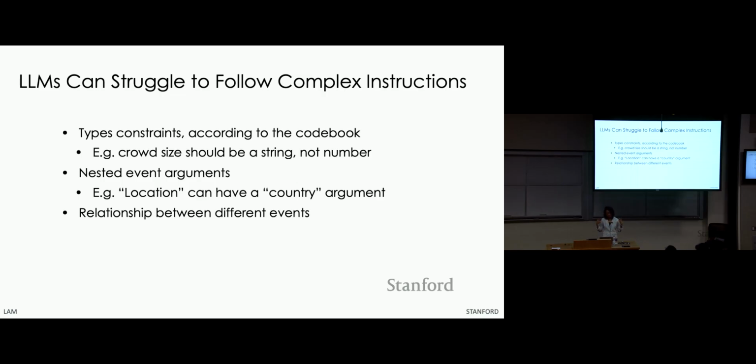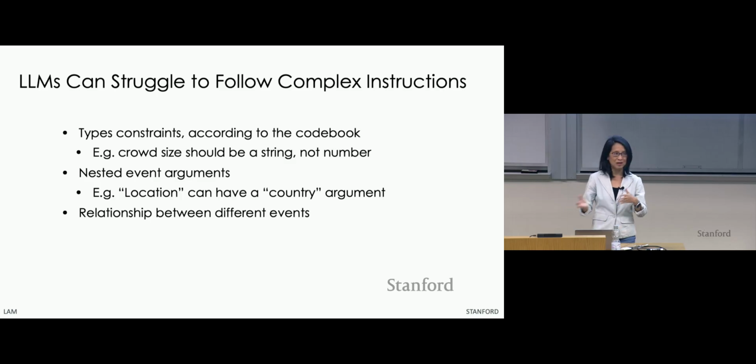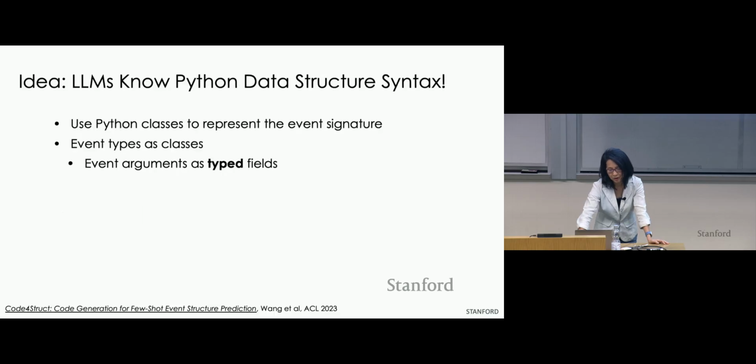And also there are nested level arguments. If I look at a location, it is not just one place, but it has city, state, country, and so forth. And then there is relationship between different events. So it is not that easy to describe what the constraints are, what the argument types are. So what are we going to do?